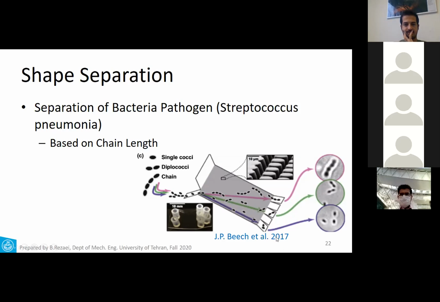Mr. Bish did it about 3 years ago, and I've brought the image here. You see that the ones that have longer chain lengths have gone into the purple path, and the other ones into the green and blue paths.